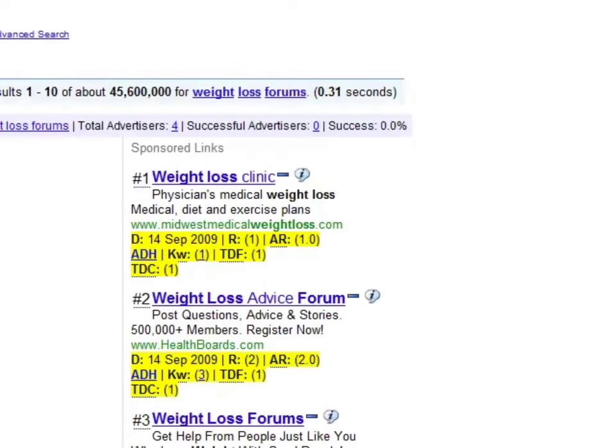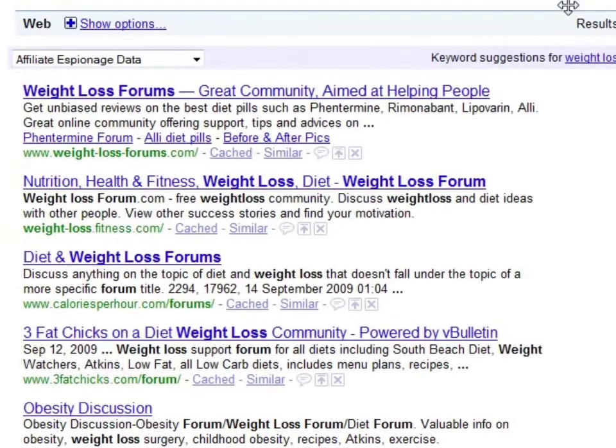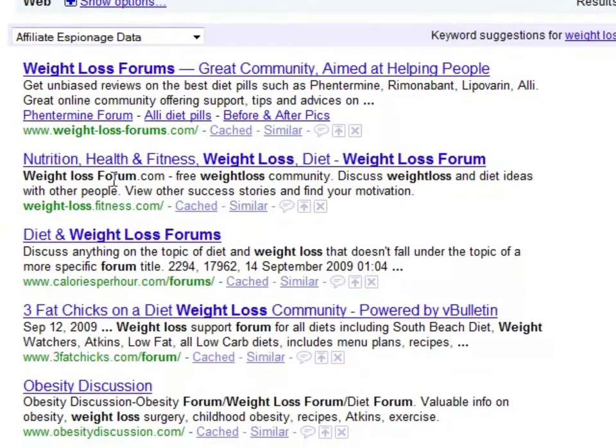So what am I going to do after that? After that, I'm going to open a new browser and I'm going to look for weight loss forums, okay? And what I would find is every forum that has to do with weight loss.